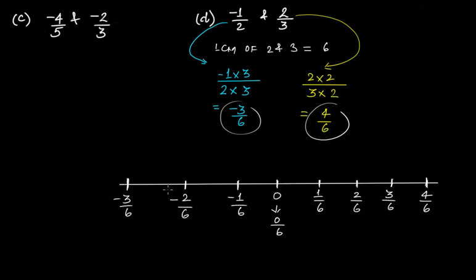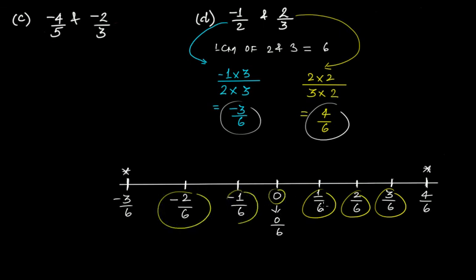Okay, can we get 5 rational numbers? Clearly, because the two destinations are here, we can have 5 rational numbers, 1, 2, 3, and then either you can write 0 over 6 or simply 0. So we have a total of how many rational numbers? 1, 2, 3, 4, 5 and 6.